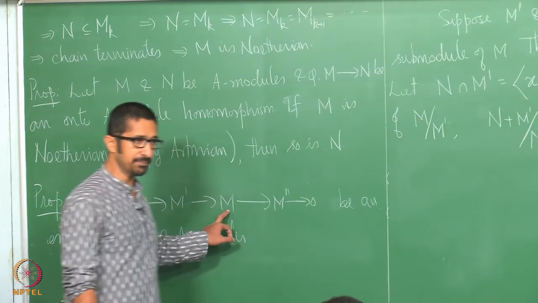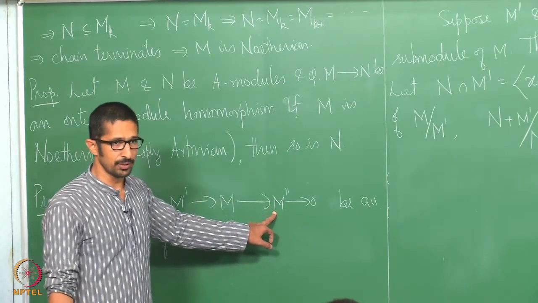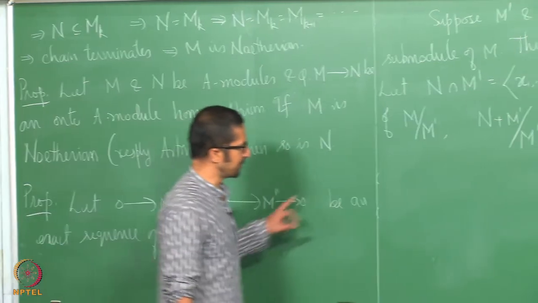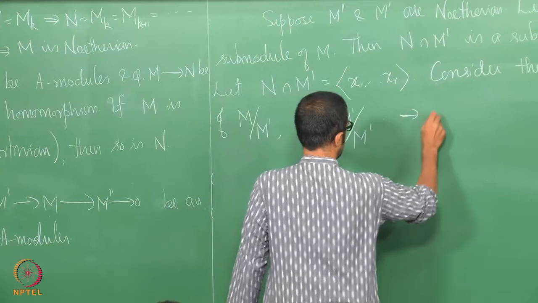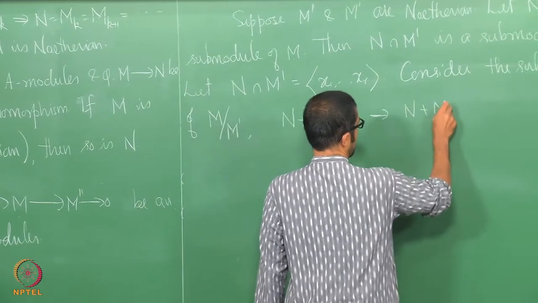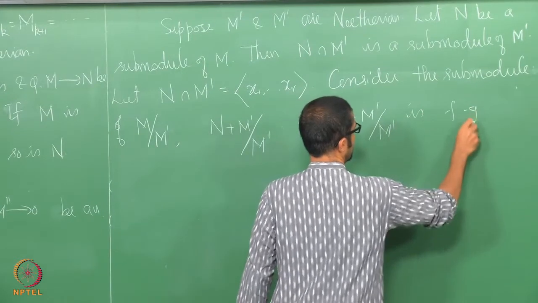This is a submodule of M mod M', which is isomorphic to M'', which is Noetherian. Therefore, (N plus M') mod M' is finitely generated.